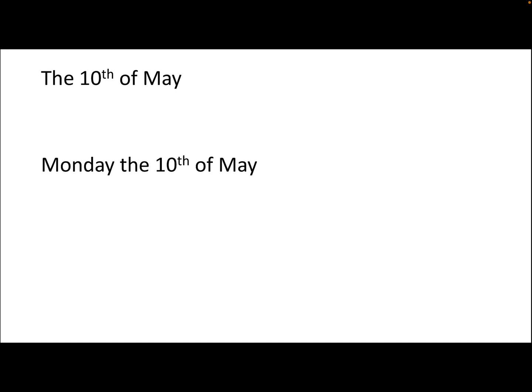When you want to say a date in French, there are two different ways of doing it. The first does not involve the day of the week. So in English, that would be something like, for example, what we can see here, the 10th of May. Now, it's actually quite easy to say this in French. We just need 3 words. So to say the 10th of May in French, and you've kind of seen this for birthdays already, we need to say le 10 mai.